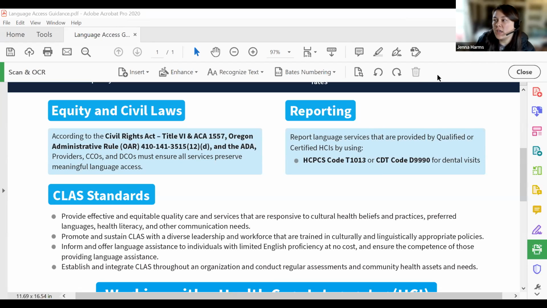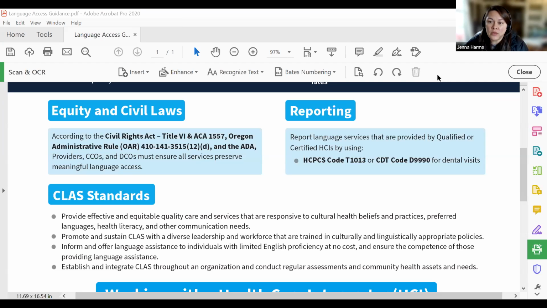Yes, that's correct. So the T1013 would be a zero charge that can be reported with any visit that a healthcare interpreter supports, whether it's a certified or qualified healthcare interpreter. In most cases, a family member or a friend are not qualified or certified healthcare interpreters.